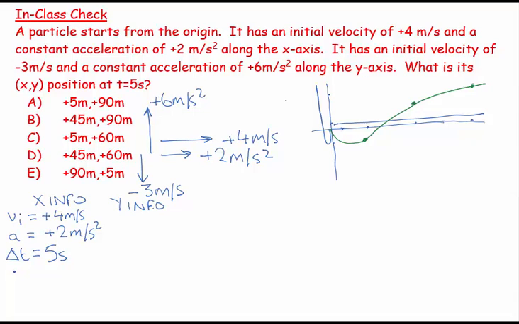And my displacement is what I want to find. Because I start at the origin, my displacement is going to equal my position because I'm measuring from 0. So let's make a column of that.